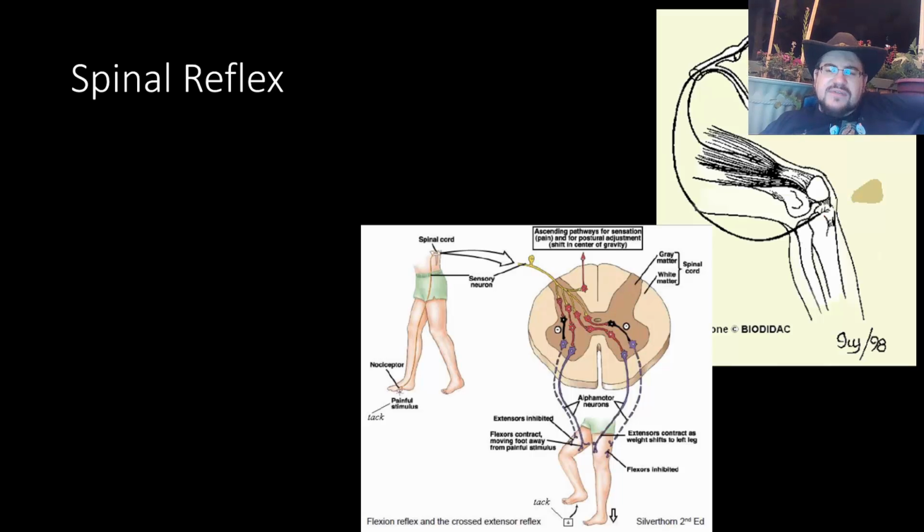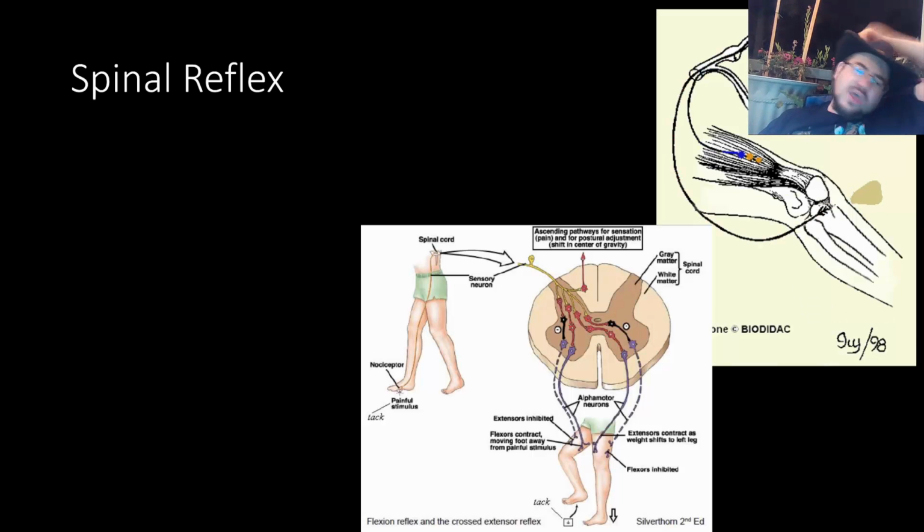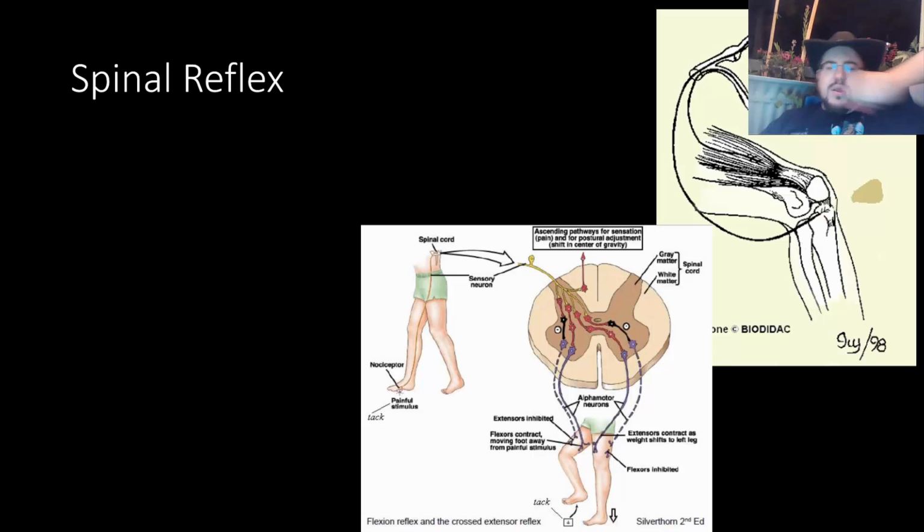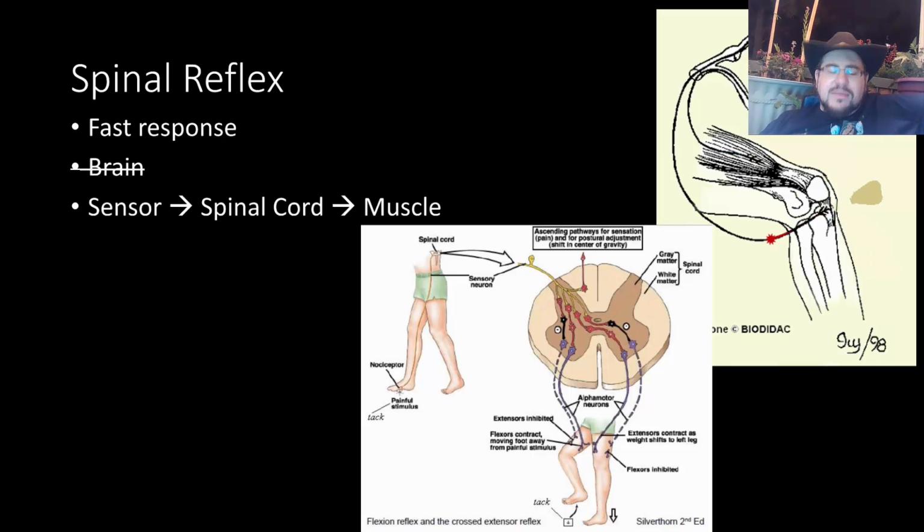So, instead of taking the information all the way up the spinal cord to the brain where it's integrated and then a response is sent, instead you have a very quick reflex. So it's a very fast response. It doesn't involve the brain.